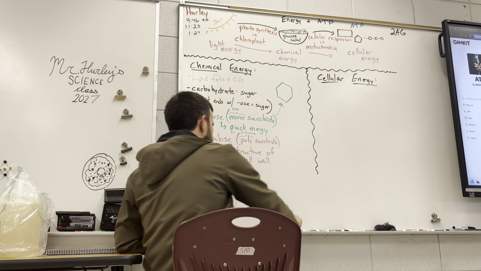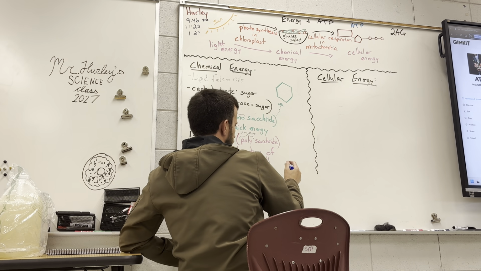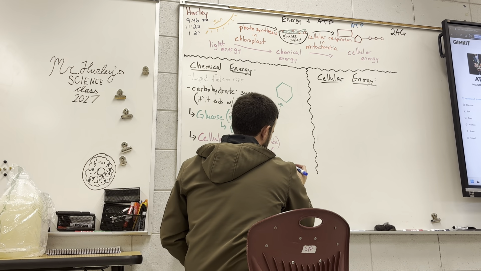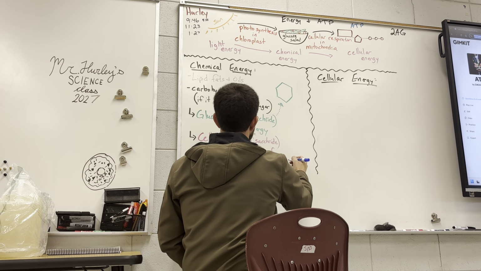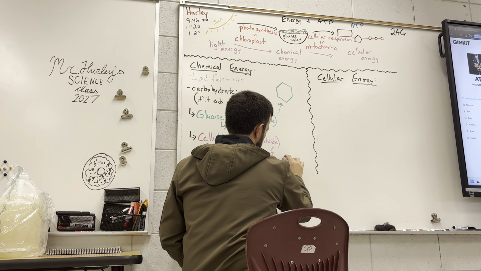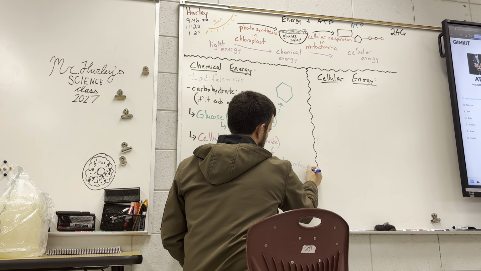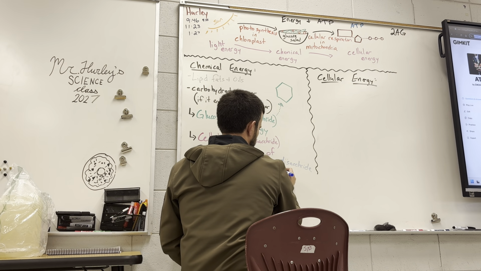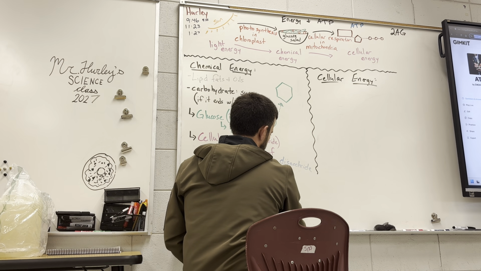Okay, and then there's this one odd one I do want to show you, just so that you're familiar with it. I'm going to do it in this lighter blue color because it's not as important. This is called a disaccharide. Guess how many there are?